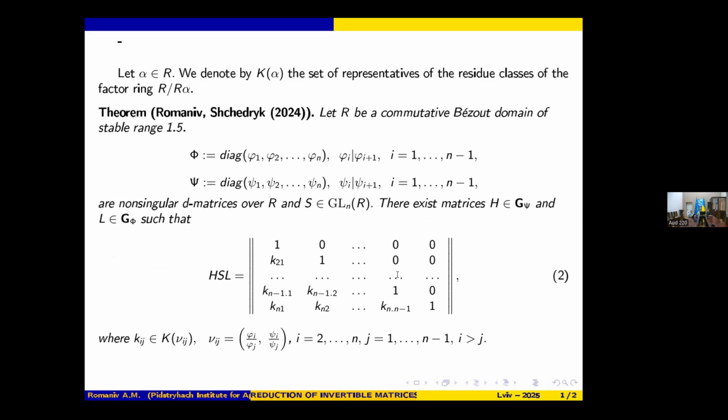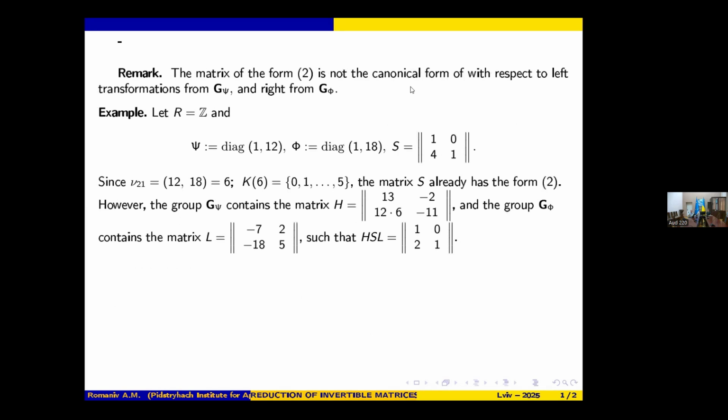This form is not canonical with respect to transformations from this group. Example. Consider the matrices Psi and Phi and the invertible matrix S. This matrix S already has the form 2.